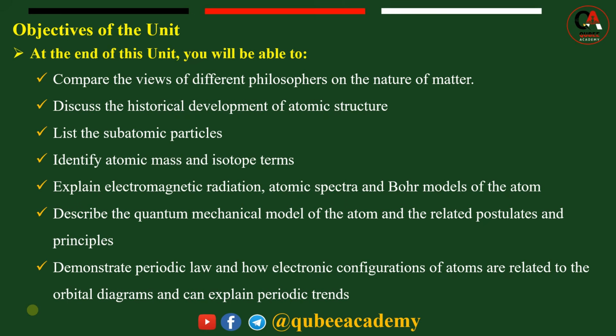Okay. Here are also the objectives of the units, meaning barnoota keenya dhuma kanarratti maal akka gaariitti understand gochuutiin hin qabna. It is what you have to understand at the end of this chapter, like that of comparing the views of different philosophers on the nature of matter, historical development of the atoms, subatomic particles, identifying atomic mass and isotopes are the main objectives of this chapter that you are going to discuss and have to understand.